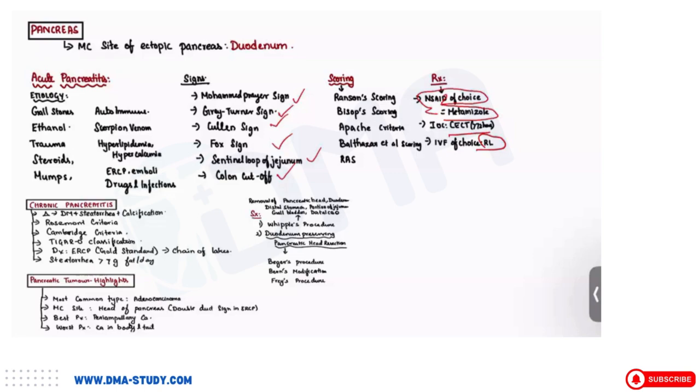Okay, let's do the CECT because we need to find the cause of the abdominal pain. We did the CECT abdomen and were shocked because there were two findings. One is acute pancreatitis, another is abdominal aortic aneurysm.